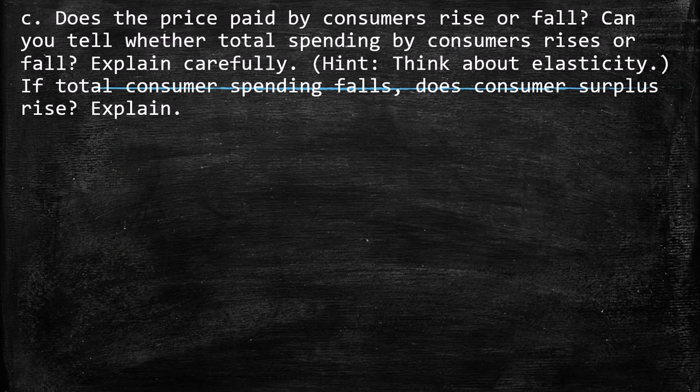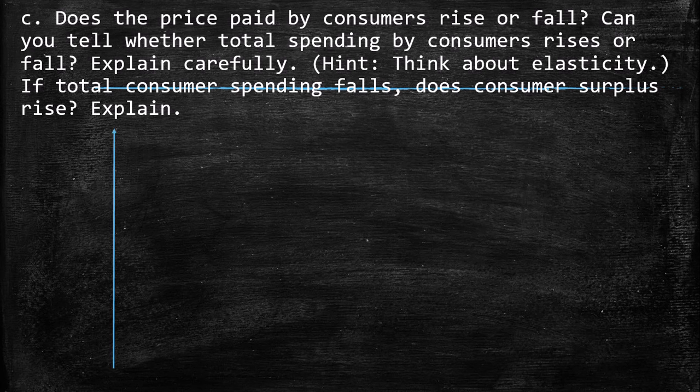C. As the price paid by consumers rises or falls, can you tell whether total spending by consumers rises or falls? Explain carefully. There is a hint: think about elasticity. If total consumer spending falls, does consumer surplus rise?